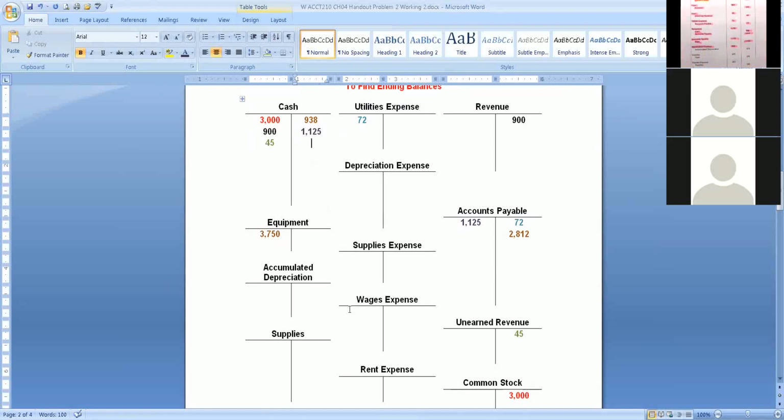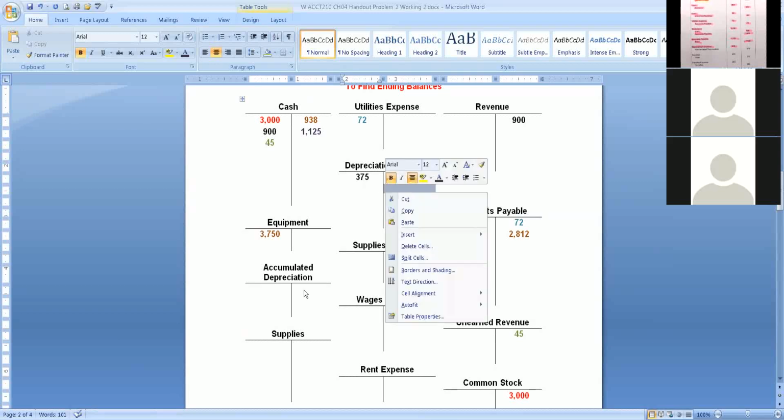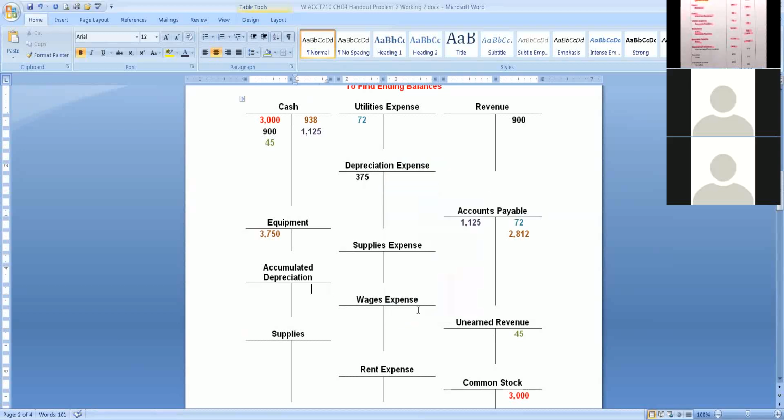Depreciation expense. This would be 5. And accumulated depreciation, 375. Let's make that dark red.